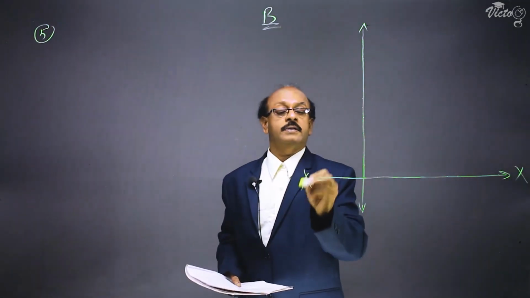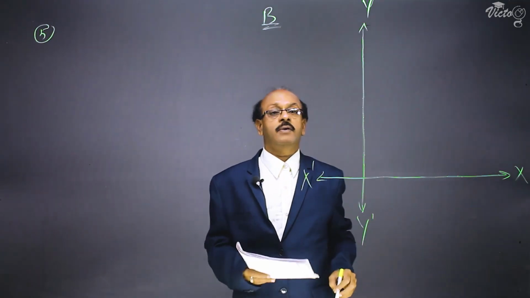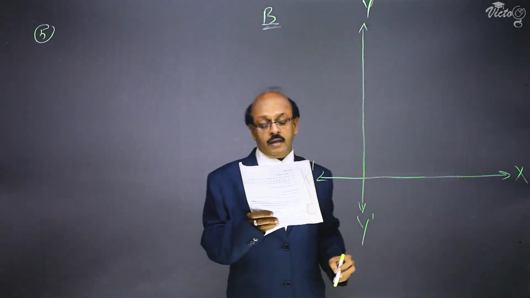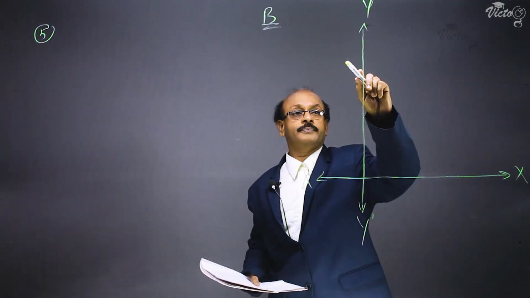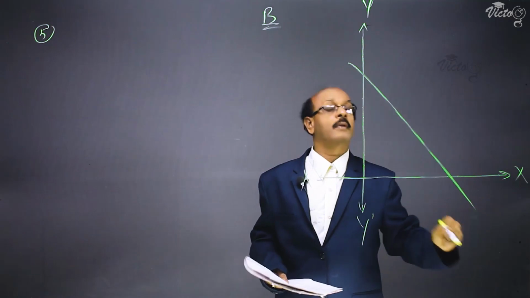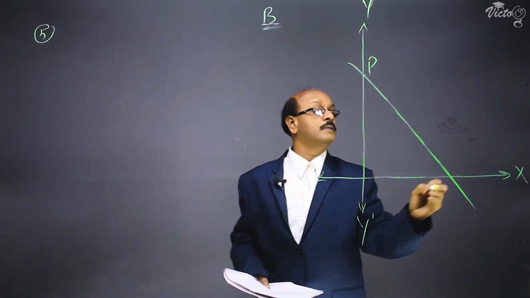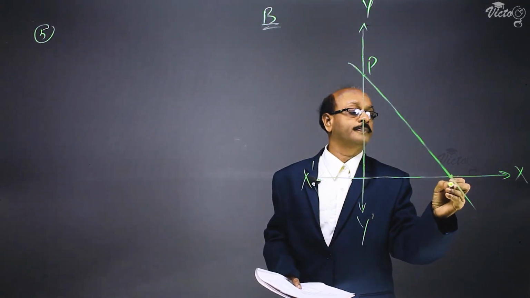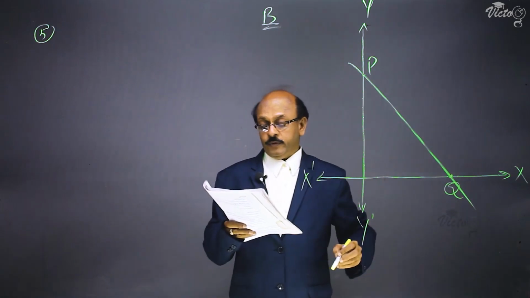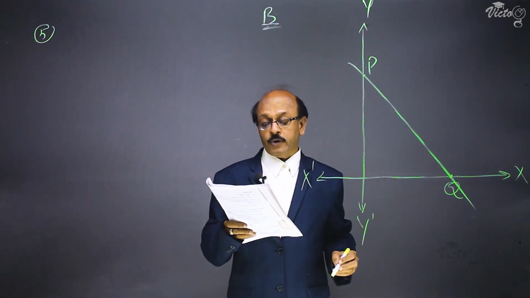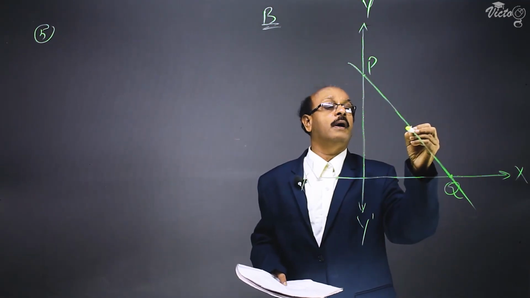X dash is the x-axis and Y dash is the y-axis. This is the point P and this is the point Q. If (2, -5) is the midpoint of PQ, let us mark the midpoint as M.